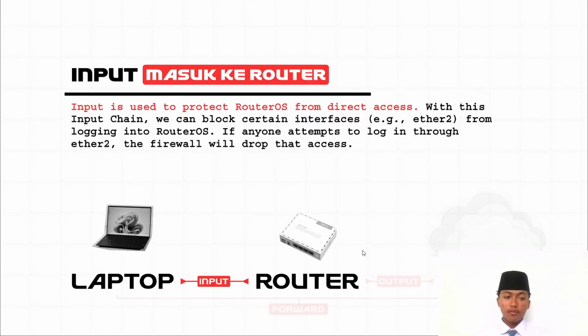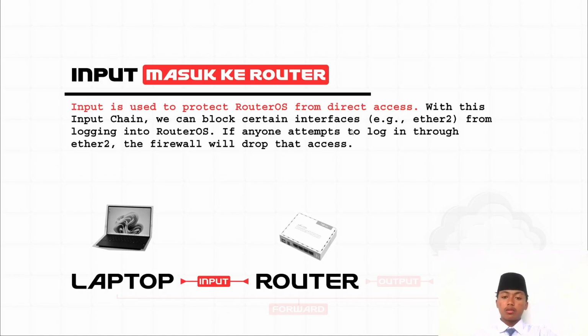Firstly, what is input? Input is from the laptop going to the router. Input is used to protect router OS from direct access. With this input chain, we can block certain interfaces like Ether 2, Ether 3, Ether 4, port-based, from logging in to router OS.